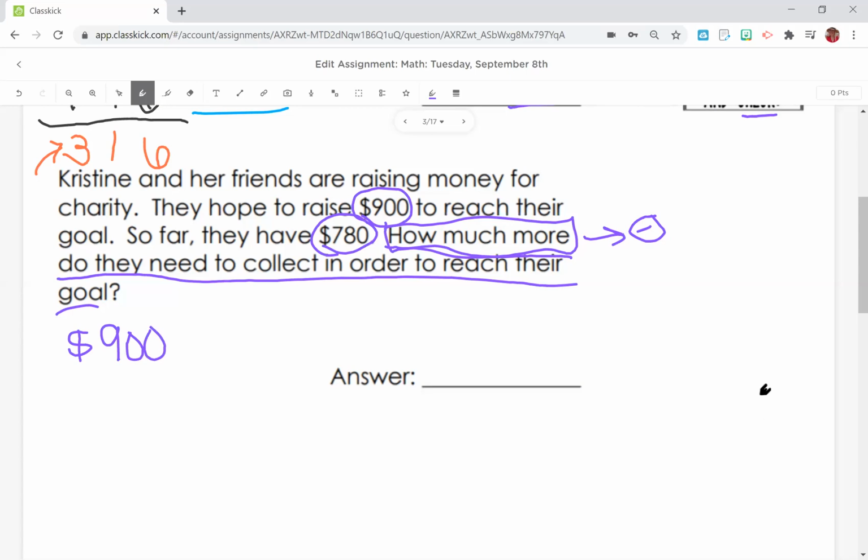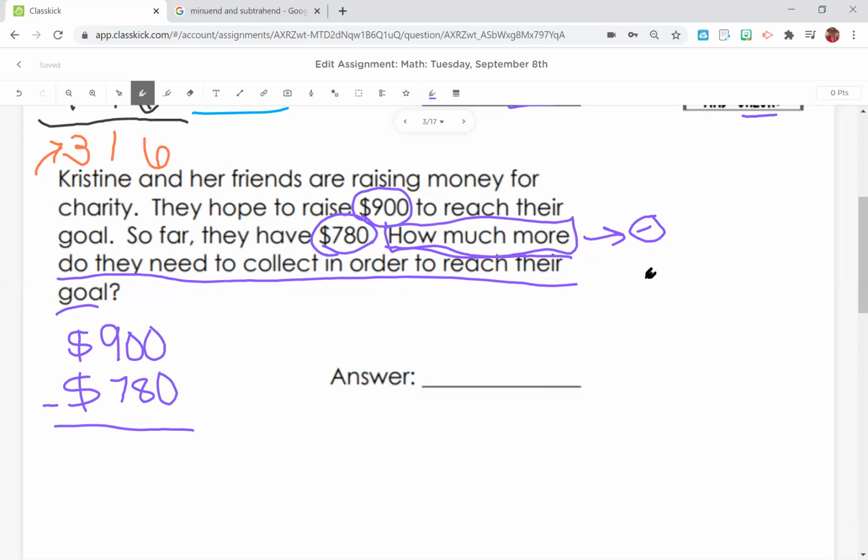Minuend and subtrahend are the two ones that we use for subtraction. The top number is called our minuend and the bottom number is called our subtrahend. A good way to remember that the bottom number is called the subtrahend is it starts with sub, which is like submarine, which goes underwater. So our subtrahend will be 780.